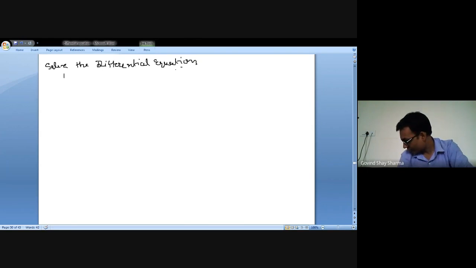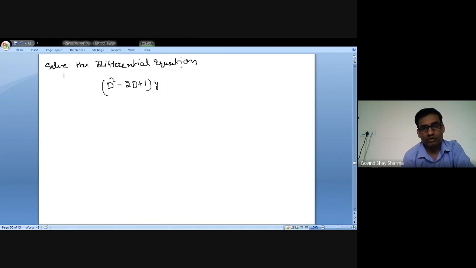Solve the differential equation. Here we have d square minus 2d plus 1 operating on y equals x sin x. Today in the lecture we are taking two problems.